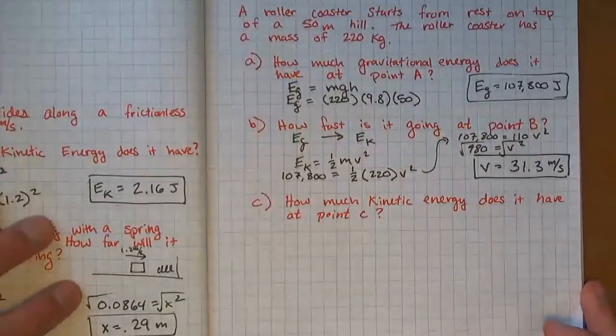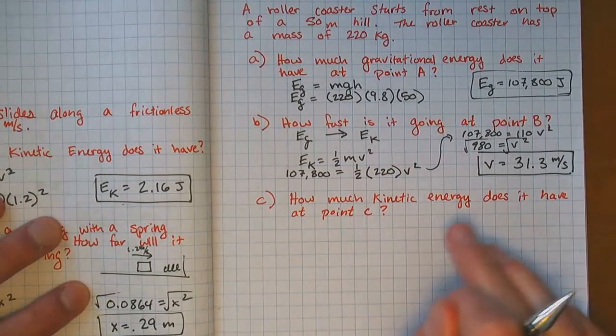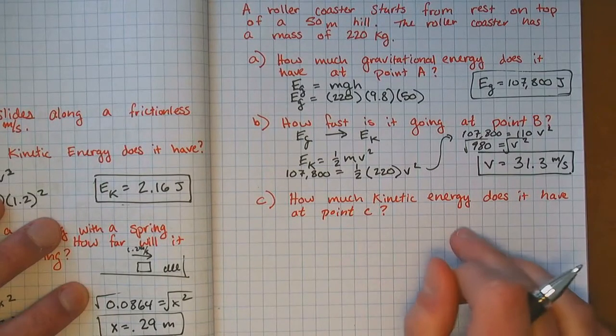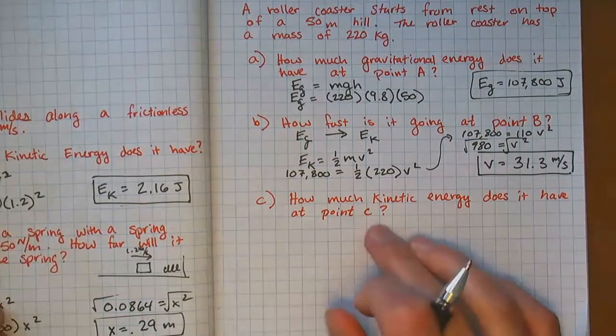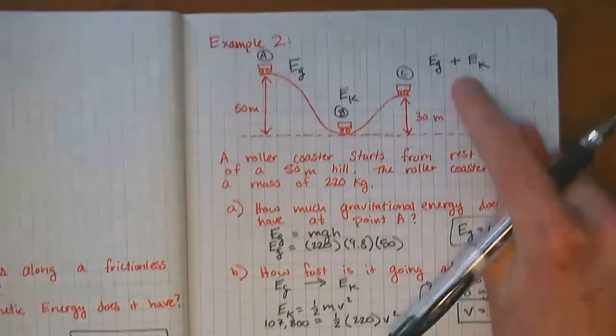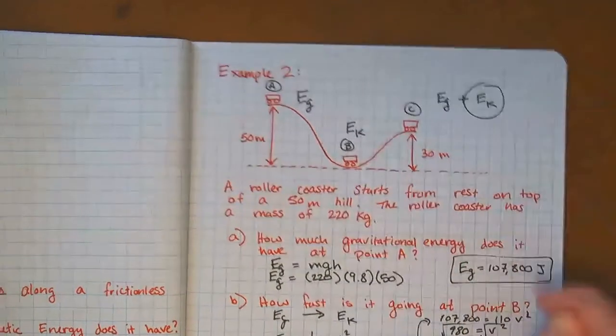All right, let's take a look at the last one. The last one asks how much kinetic energy does it have. Note that it's not asking for the speed. It's just asking how much kinetic energy it has at part C. So basically, if we go back and look at what we had up here, it's asking for that number right there.